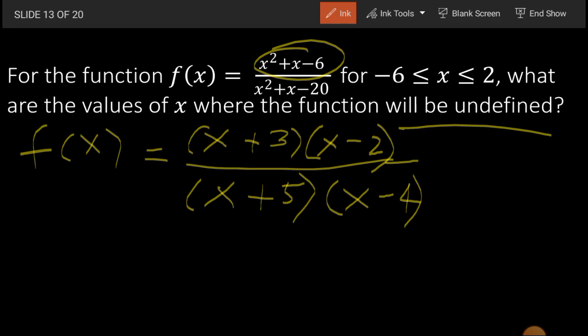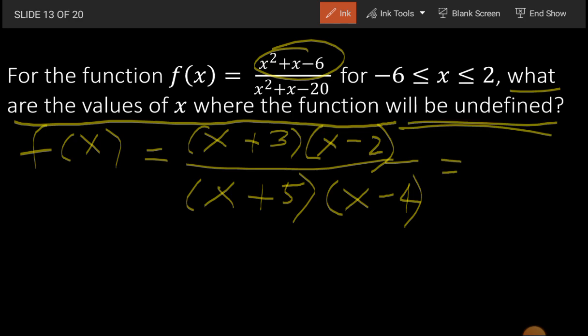So the question is, what are the values of x where the function will be undefined? Remember that this function becomes undefined if the denominator becomes 0. So we will avoid the values of x that will make the denominator 0. To find those values, we equate the first factor, x plus 5, to 0.